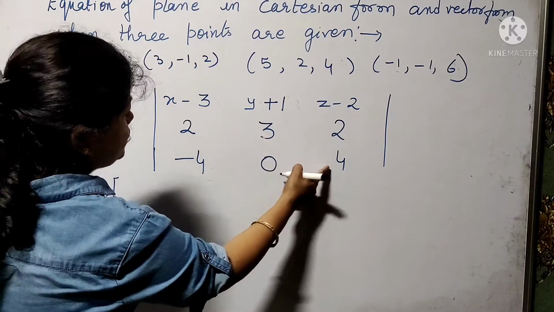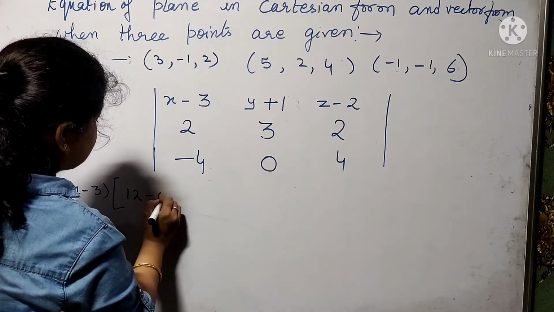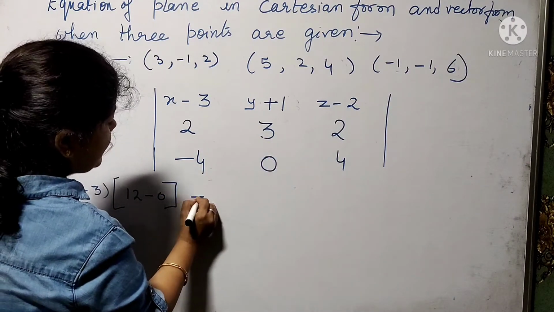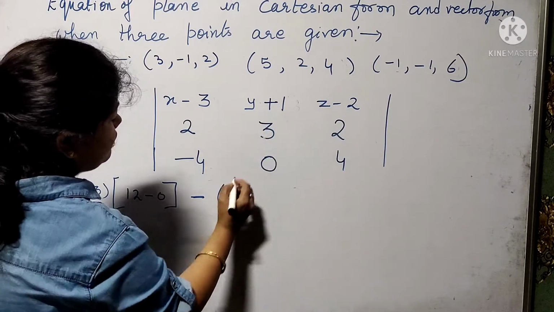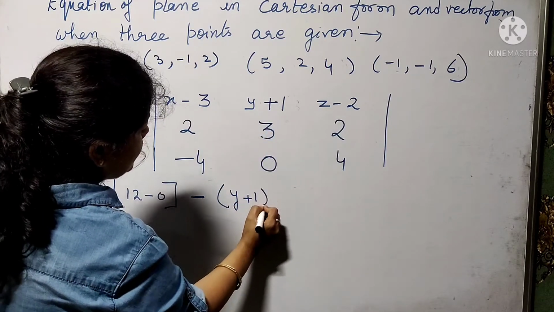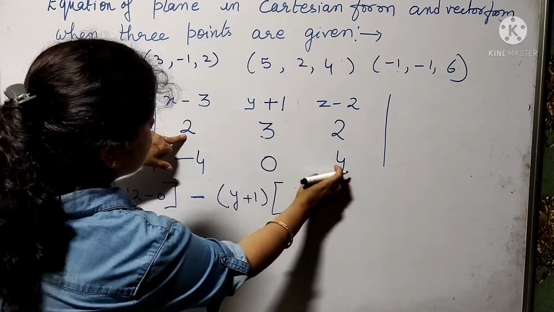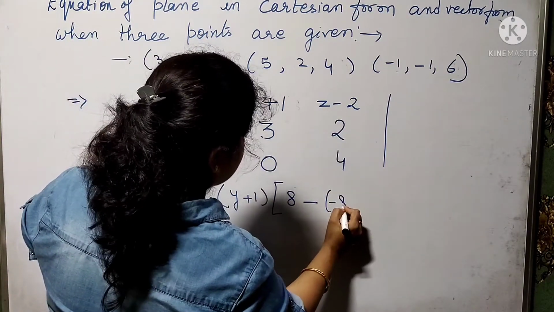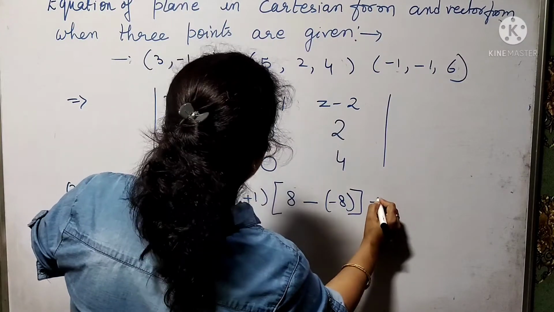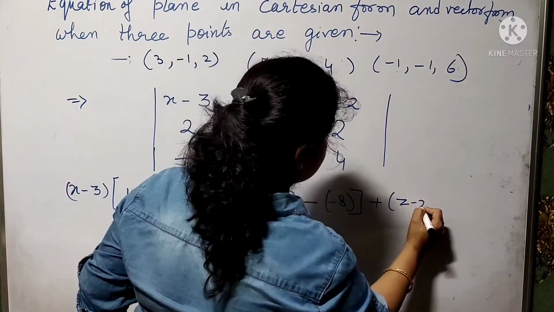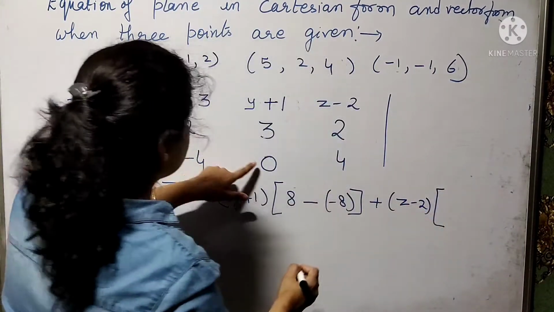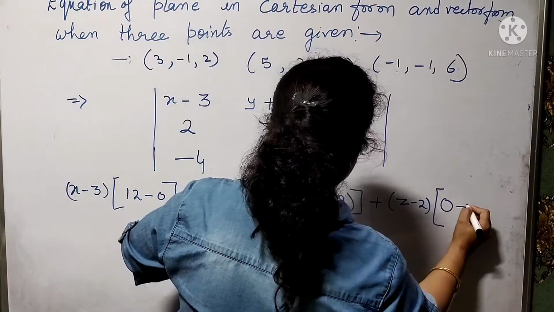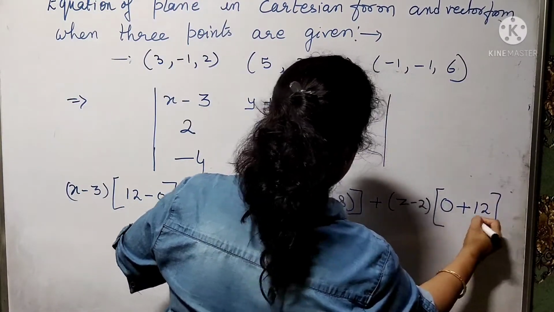Now 3 4s are 12 minus 0. Then we put a minus sign over here. Then y plus 1, and 2 4s are 8 minus 2 4s are 8. Then z minus 2, and 2 into 0, that is 0, plus 4 3s are 12.